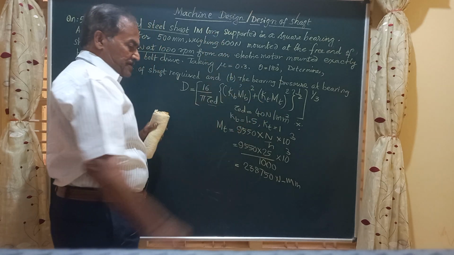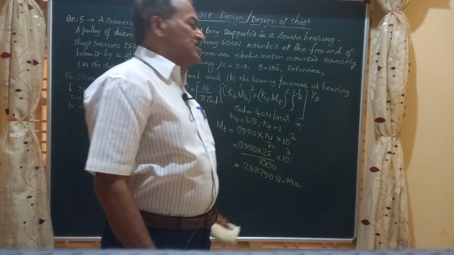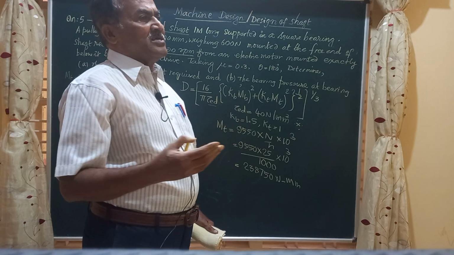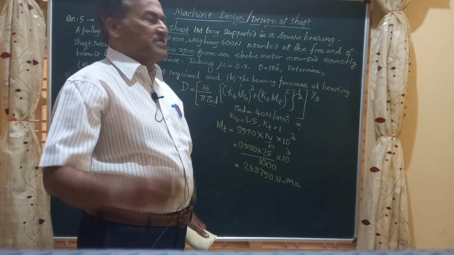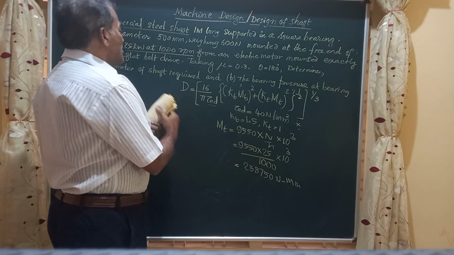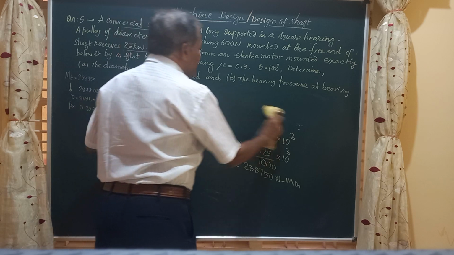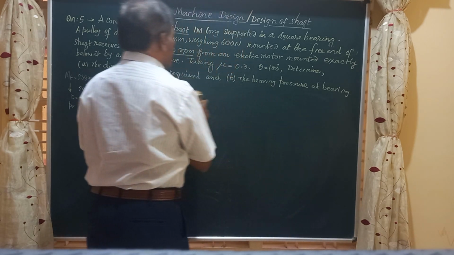Finally, we are left with finding out this Mb. The calculation of this Mb generally takes more time on problems wherein the shaft supports pulleys or gears, whatever it may be. So friends, let's see how to find out the bending moment induced in the shaft based on the loads coming on this.